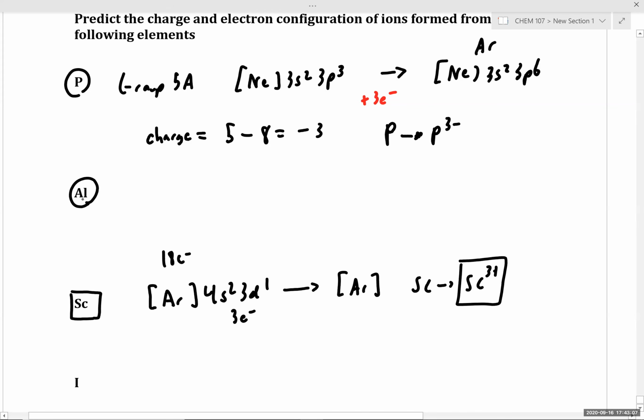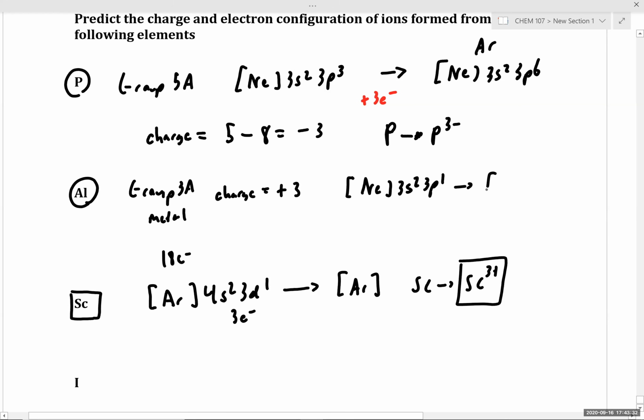Looking at aluminum, it's a group 3A element, which means it's a metal. So it would prefer to form a charge equal to the group number, which would be positive 3. Why is that? Aluminum has a configuration of neon 3s2 3p1.